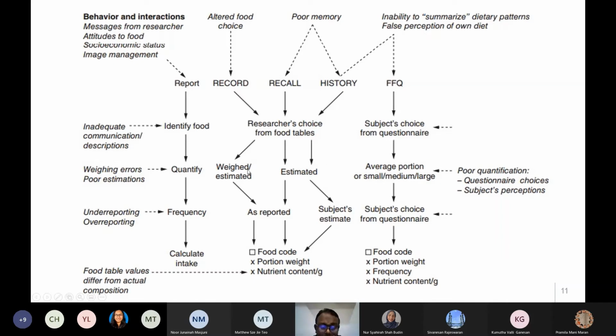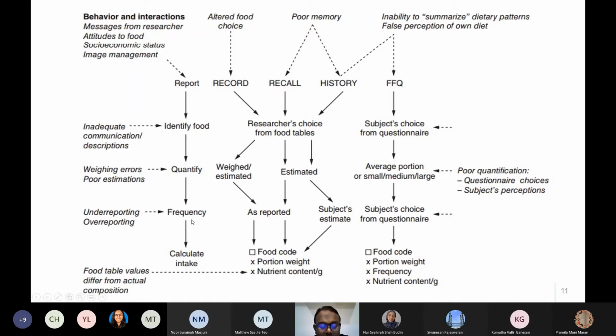So there'll be some errors here. And for FFQ, it depends on average portion, whether it's small, medium, or large. Some FFQs have options to choose small, medium, or large, but some might ask what is the serving size that you consume. So if the person has poor quantification ability, it will affect the selection or the quantifying of the food intake. Okay?